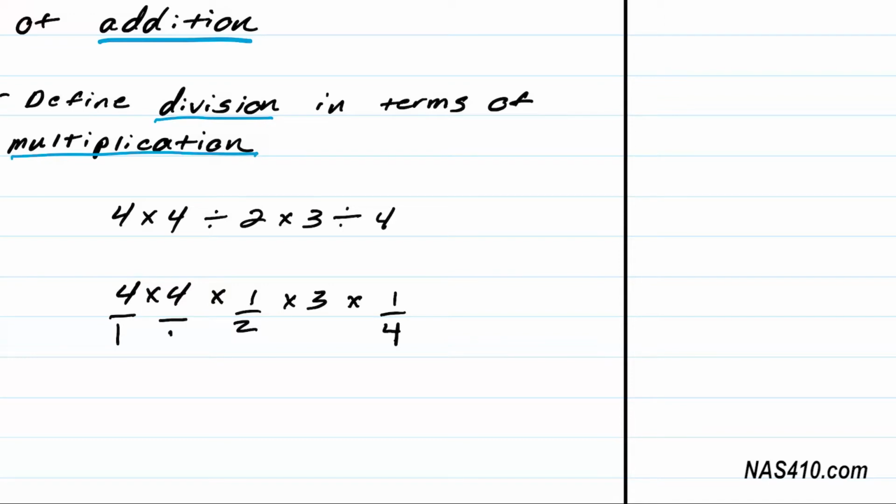They're all 4 over 1, 3 over 1. So now all I have to do is multiply everything across the top and then multiply everything across the bottom, and I'll get a fraction, and then I divide that. So I have 4 times 4 is 16, times 3 equals 48 on top. On the bottom I have 2 times 4, which is 8. 48 divided by 8 is 6.